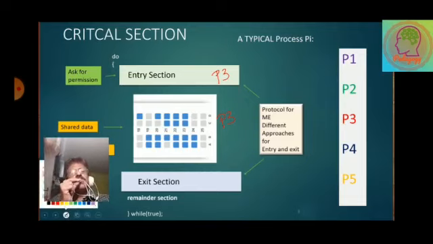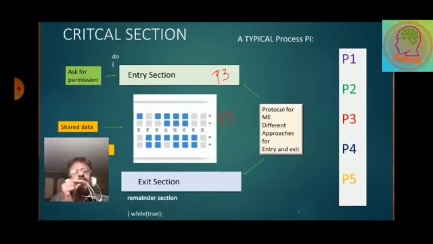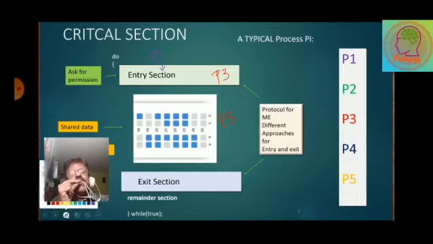Now, suppose P3 wants to share or occupy the shared memory. It may be shared memory, shared file, shared devices, any shared item from the CPU, any shared data.